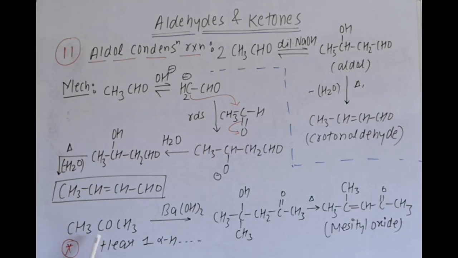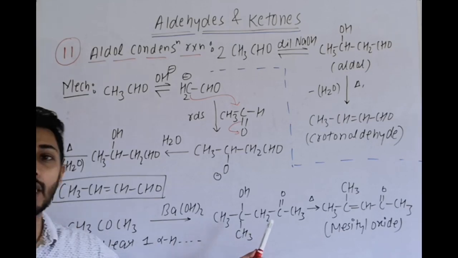Next, with ketone, acetone. Again here alkaline medium; we can take barium hydroxide, dilute NaOH, or dilute KOH. With ketone, barium hydroxide is mentioned. The same reaction goes here: we take 2 moles, 1 mole forms CH2- by loss of H+. This CH2- adds on another molecule to give a ketol.